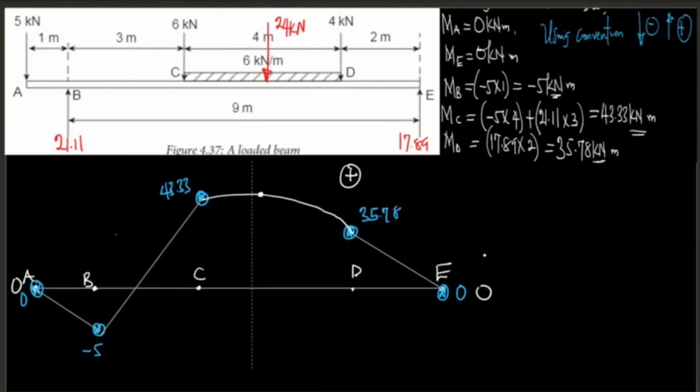So the point of maximum position, let me do this. It's going to be from A here. You draw a line. We need to get that distance first in order for us to be able to get the magnitude.